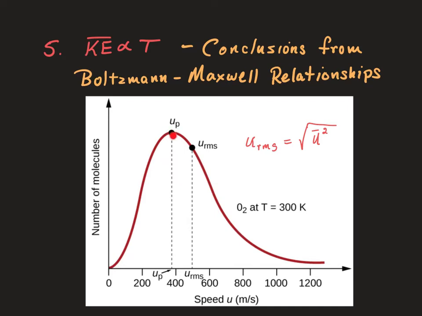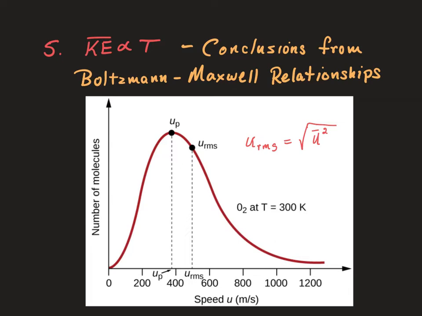Our peak is at this speed, but because we have an absolute limit at 0, no molecules are not moving, and we have a tail. We can have a long tail. The actual average speed is a little beyond the peak speed, so that represents the average speed.